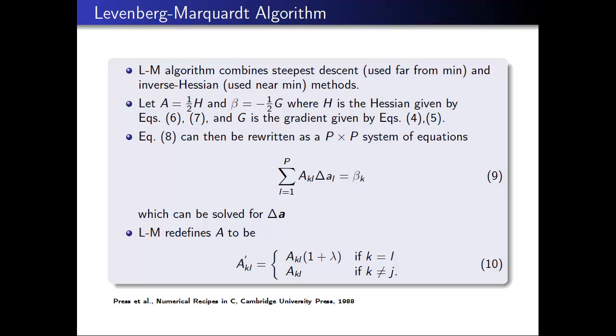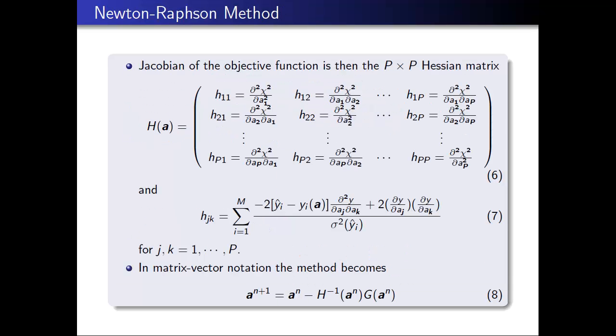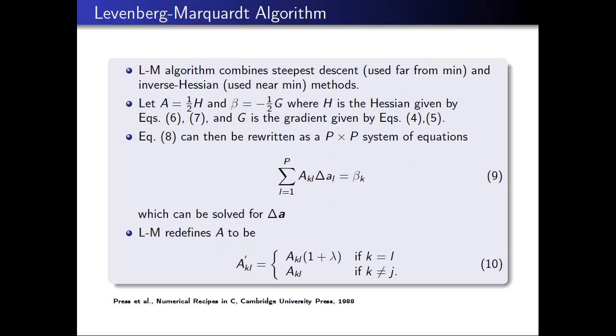You can rewrite equation 8, this update matrix, in the following way, where you have matrix A, which is 1/2 the Hessian. The 1/2 is just in there because the derivative brought down a 2. And you have your delta parameters that you're looking for, and your gradient value over here, 1/2 gradient.